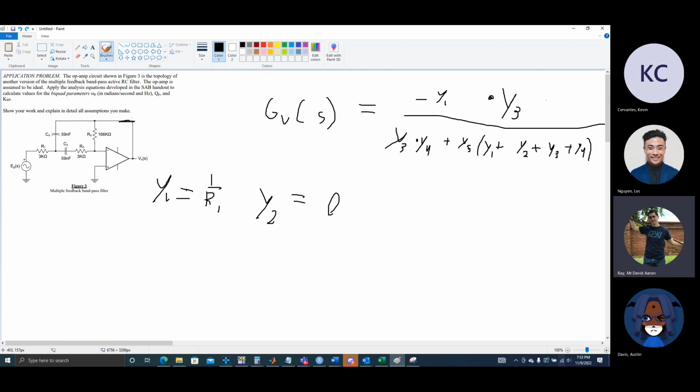Or wait, no, that would be completely wrong, because y2 equaling 0 is saying that some resistance, 1 over something, some resistance or impedance.